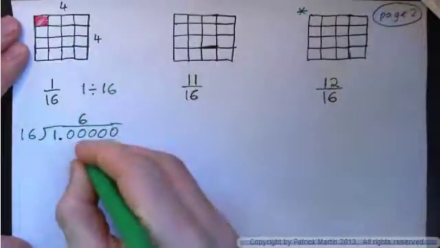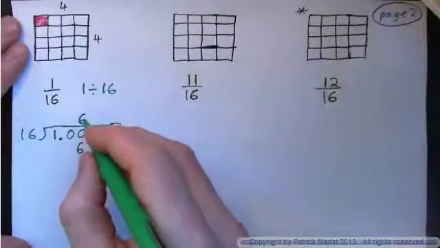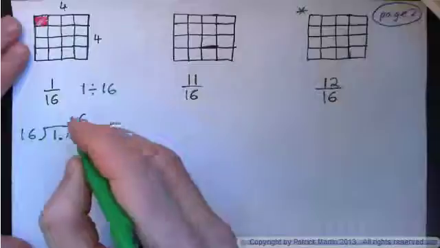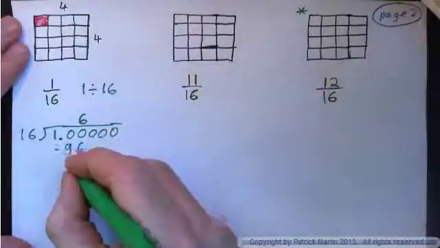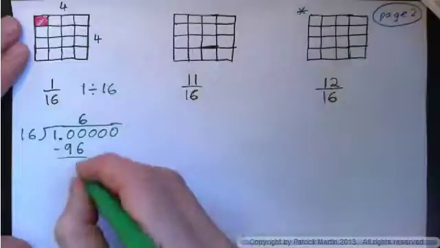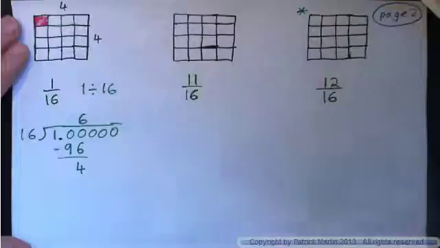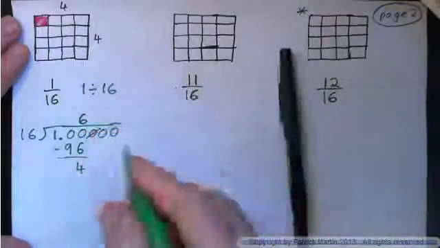6 6s is 36, and carry the 3. 6 ones is 6, and 3 is 9. And then subtract. So this is 100 minus 96, which gives me 4. And then I cross off one of these zeros and bring it down.